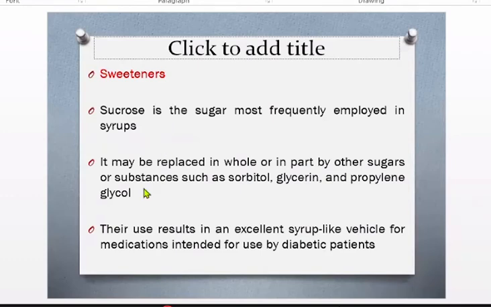So you can choose other substances such as sorbitol, glycerin, or propylene glycol. These have syrup-like properties and are good for diabetic patients.